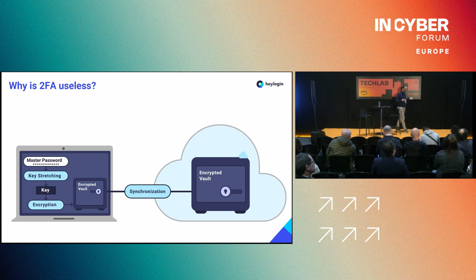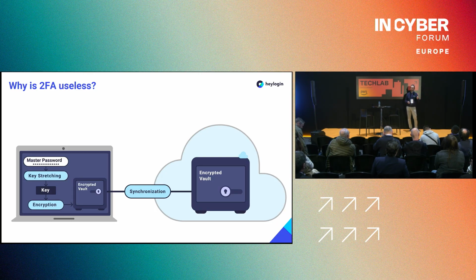So my whole talk was titled, Why is 2FA useless in password manager data breaches? And to answer that, we just need to think about the end-to-end encryption again. Everything is encrypted with the master password, but what you can do is optionally enable two-factor authentication in 1Password, LastPass, Dashlane.